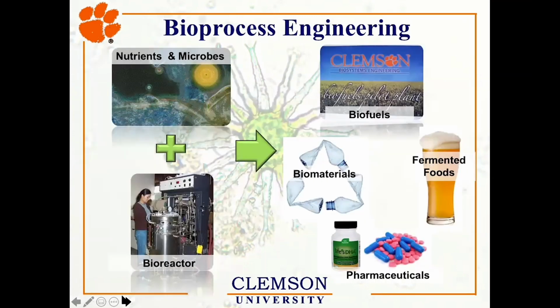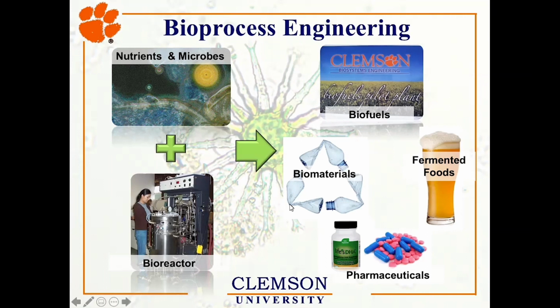In the bioprocess engineering area, we take the focus on the nutrients and microorganisms that are needed to produce a variety of biomaterials, biofuels, pharmaceutical compounds, and fermented foods. So the focus here is the right selection of the nutrient, microbe, and bioreactor environment to produce what we want.